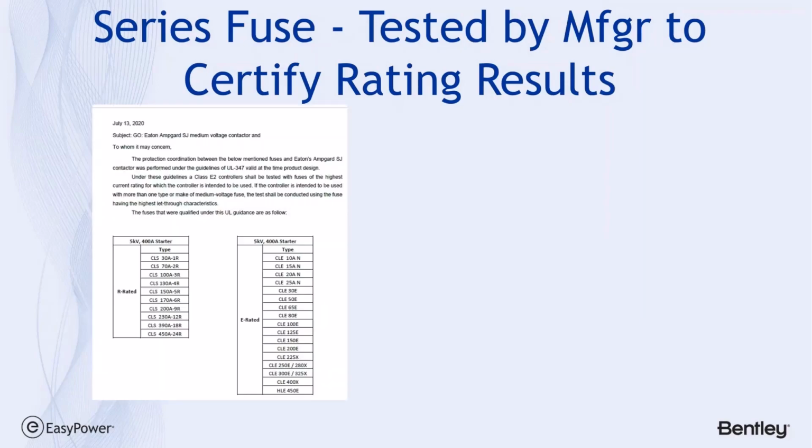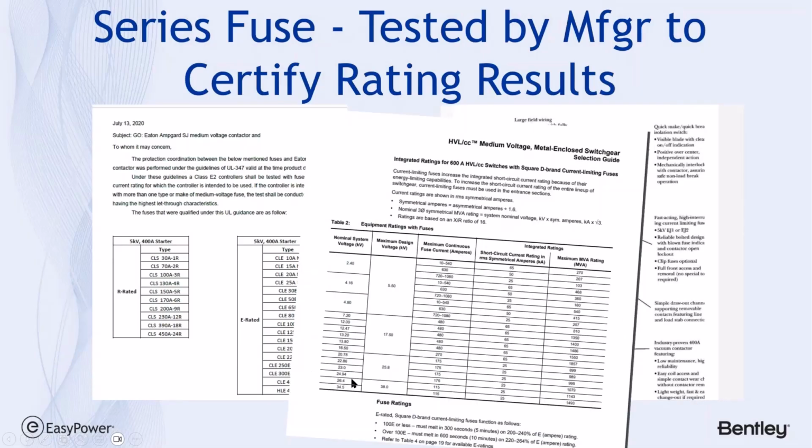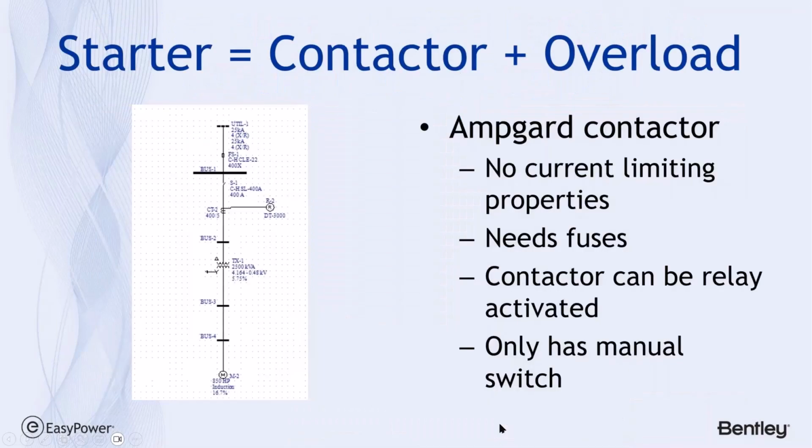And so if you go to the application notes back in 2020, we requested an update from the Eaton group. And what they reiterated is based upon the combinations of the SL current limiting fuse and the Ampgard starter, we could see protection that gives us considerably better interrupt rating if we do that for this particular device.